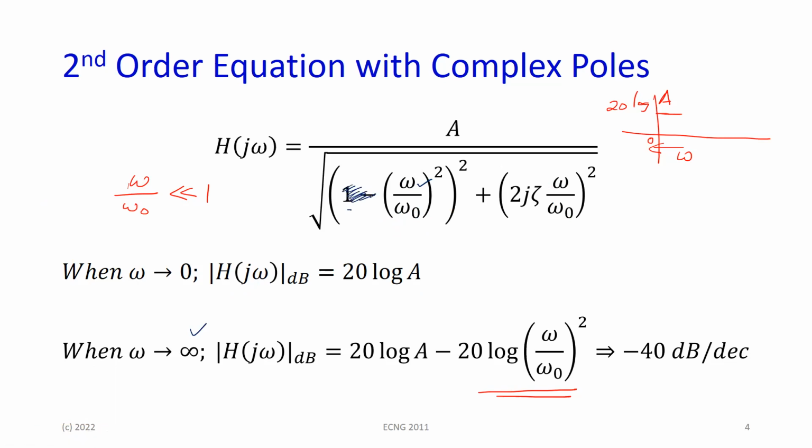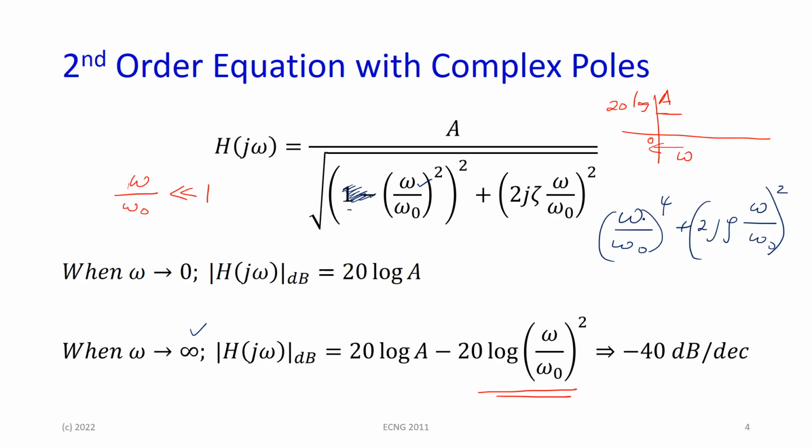Okay with that? Yes, sir. Right. Underneath the square root sign now, therefore, we're going to have omega over omega naught to the power 4 plus 2j zeta omega over omega naught. Well, this is all squared.